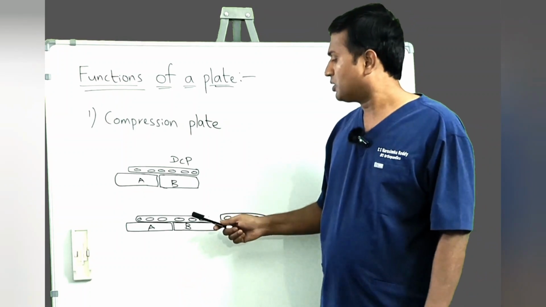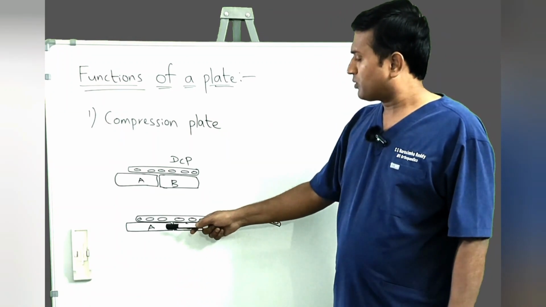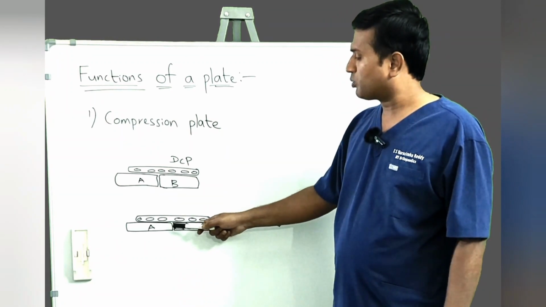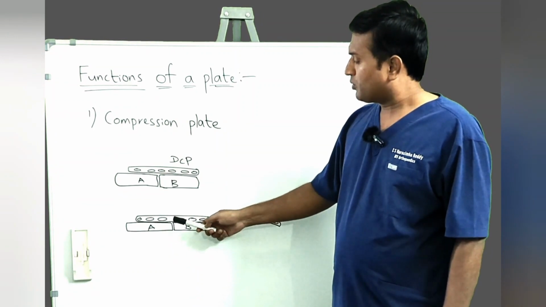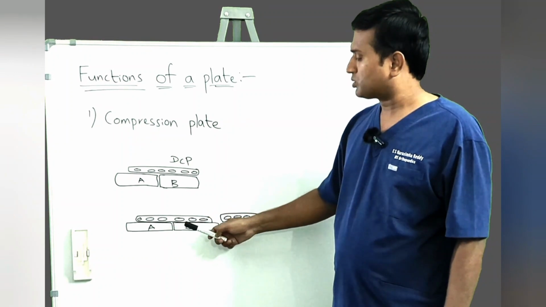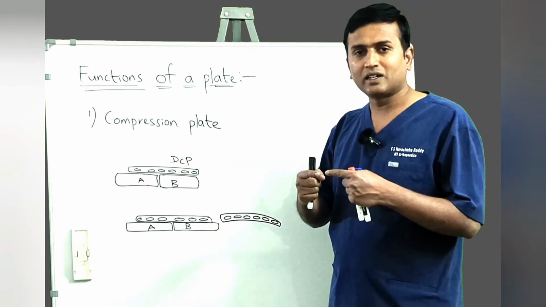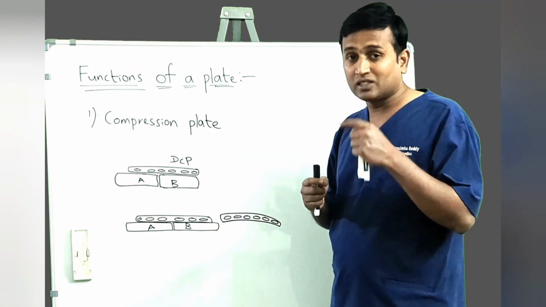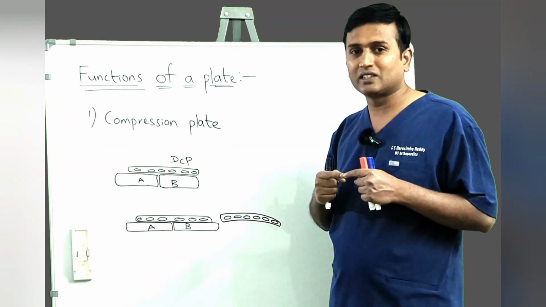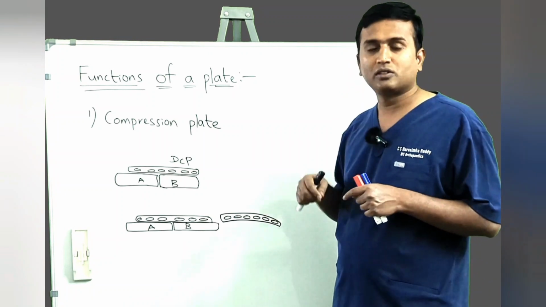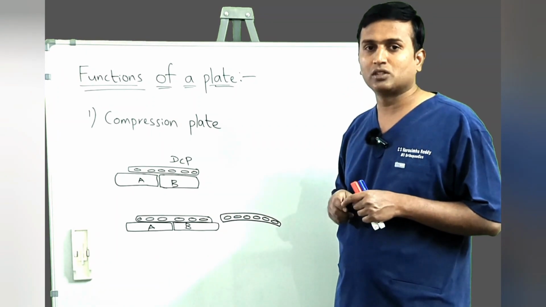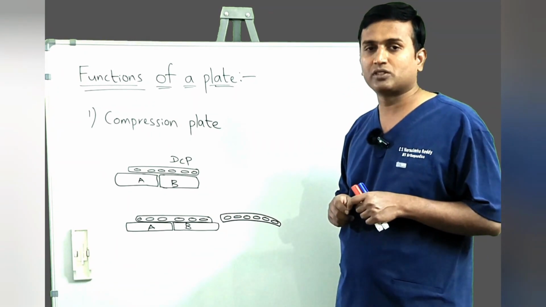In the second way, when we fix one plate over a fractured bone and try to fix it with the screws, there can be opening at the fracture site. Just to decrease that opening at the fracture site, we can bend the plate, and thereafter we can fix the screws. This also acts like a compression.